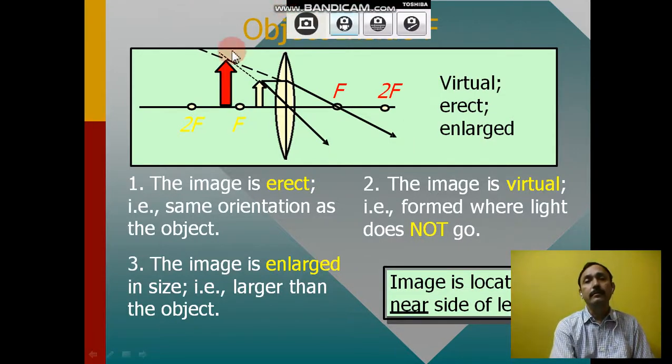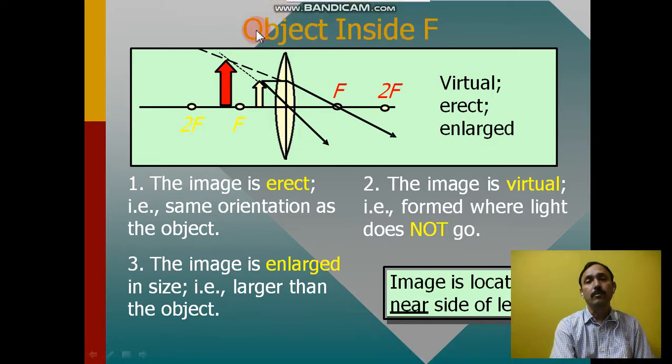Object inside f. So the object is in between the optical center and f. Now what happens? This one is parallel to the principal axis and will pass through f, and this ray will pass to the optical center.